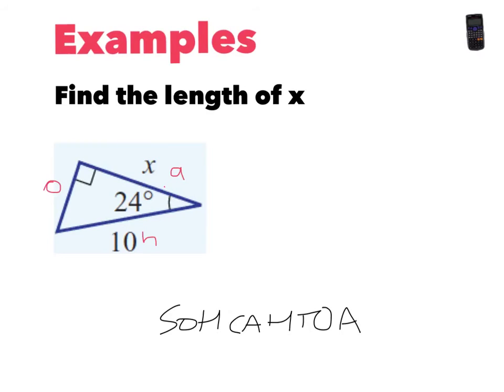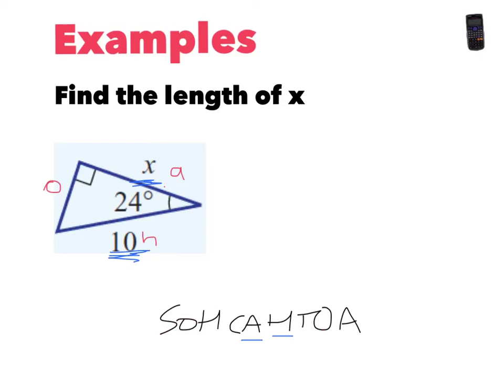It's not sine, and it's not tangent. Hold on, let's have a look. My cosine ratio is adjacent over hypotenuse, and I've got an adjacent and a hypotenuse. Sweet. I can use that ratio to find the missing side length.